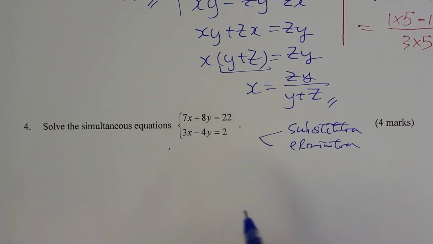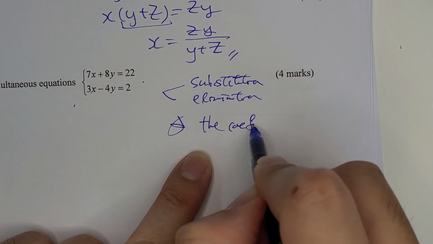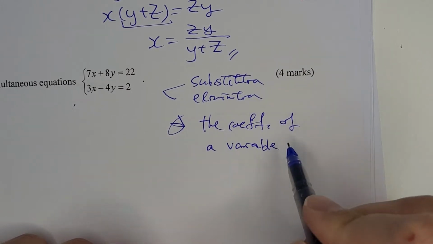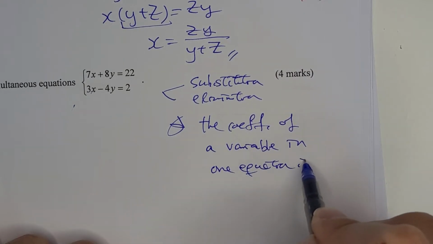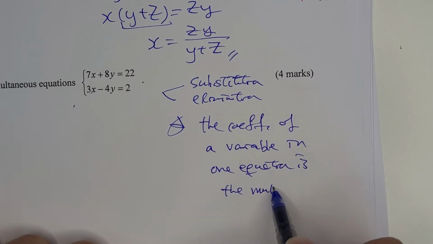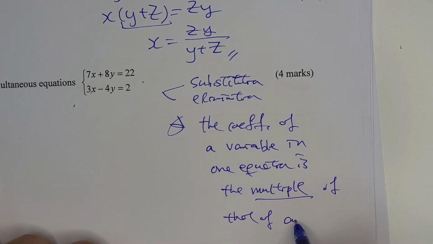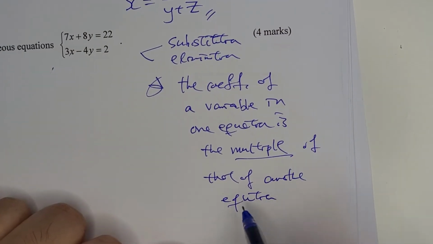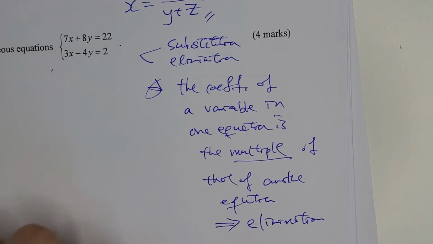I repeat, if you find that the coefficient of a variable in one equation is a multiple of that in the other equation, then there's a strong hint to use the method of elimination. So this is the case now.